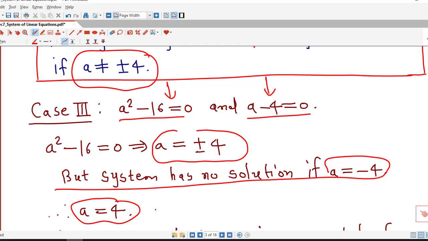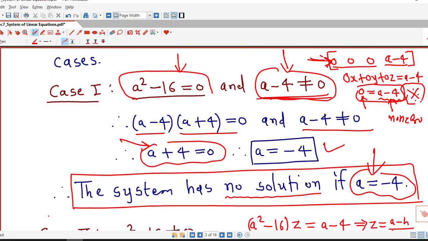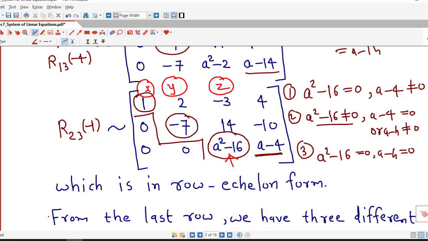So if a is 4, a² − 16 is 0. So we can see if a equals 4, then we will obtain zeros here. Our last row becomes a 0 row. So in that case the variable z will become a free variable.